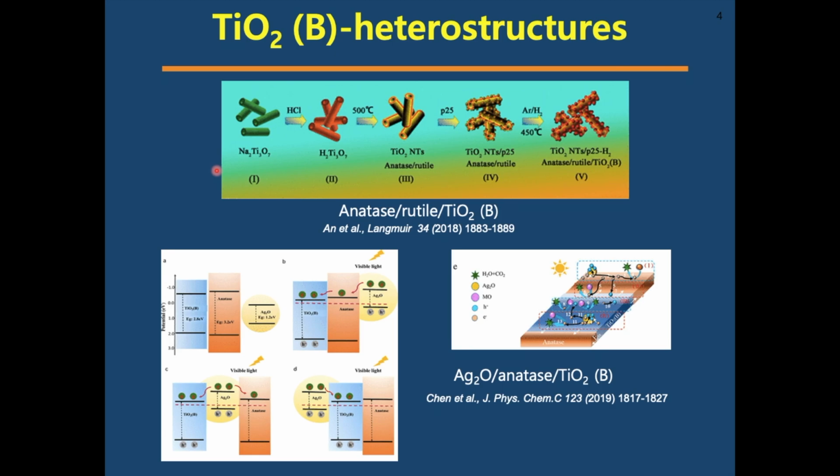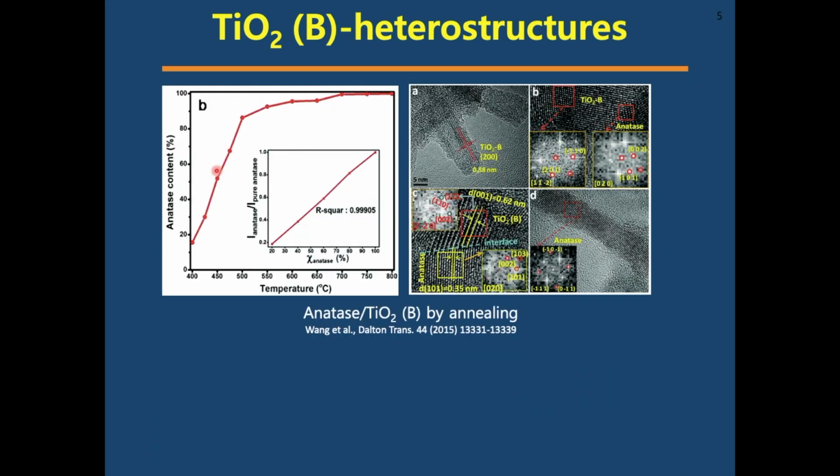Until now, multi-step processes have generally been used to produce this kind of structure. However, this kind of multi-step process may not be preferred for industry because of the complexity. There is a simple way to produce the B phase and anatase heterojunction by just simple annealing.